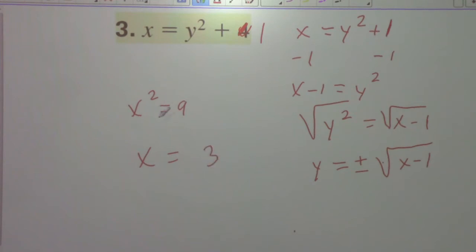But you understand that this could be either plus or minus. And we're going to show why, because 3 squared is 9, but what else? Negative 3 squared is also 9. So that's why this one is here, okay?